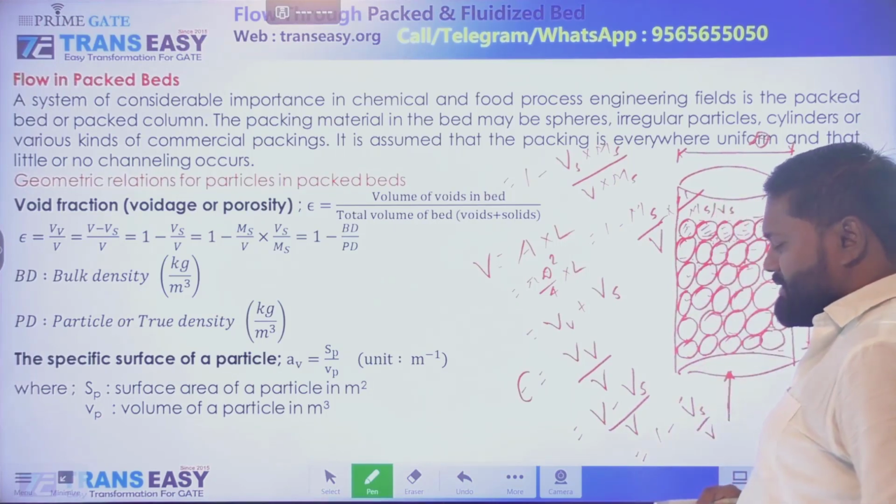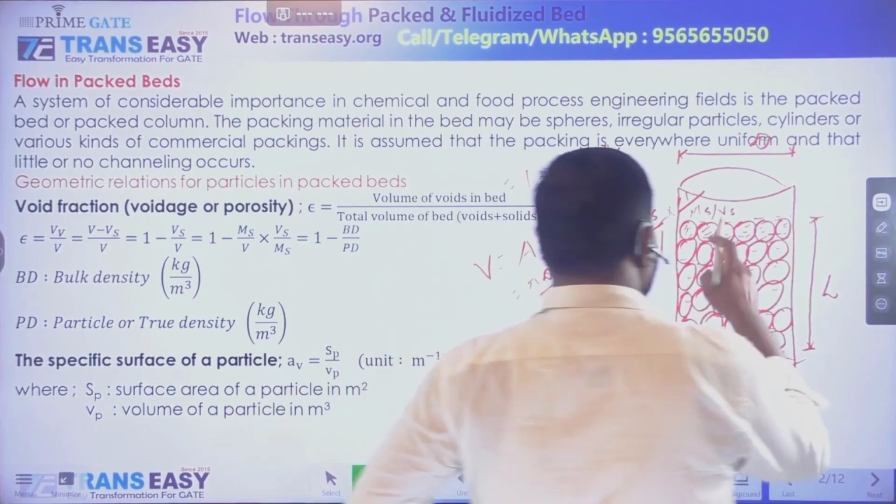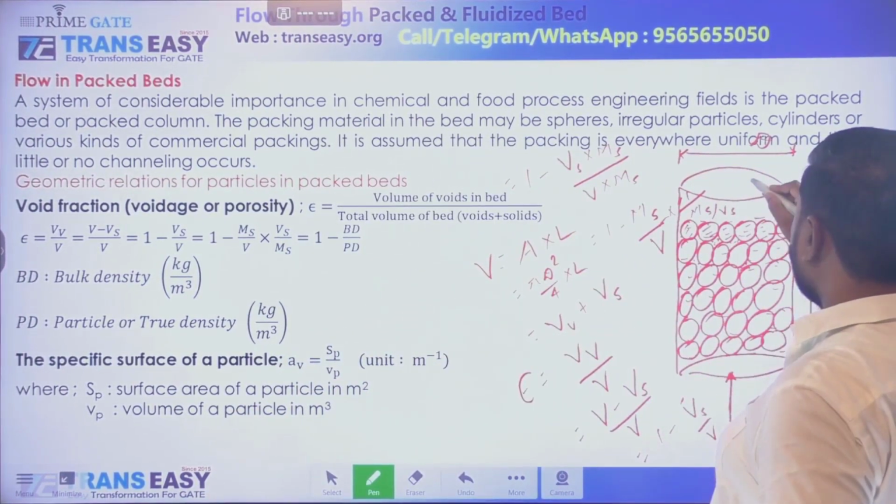This mass Ms is in volume Vs only, the remaining is void. So this is called true or particle density, right?